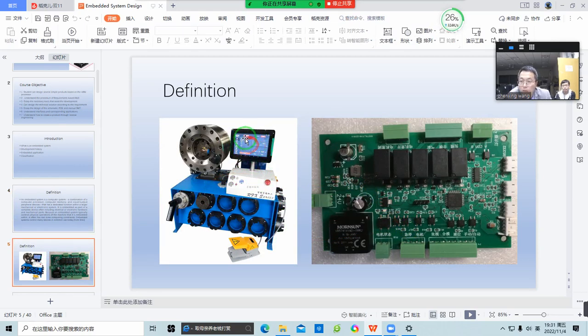Here is the LCD. The LCD is running Android. So the Android can communicate remotely using Wi-Fi. So with this kind of innovative device, after the material has been used up, they can shop online. Then the back end, the cloud server, can receive this requirement, and if they pay the money, then ship those materials to the factory. So this is a completely new concept of design in modern machines.